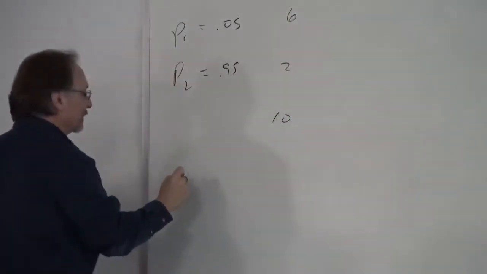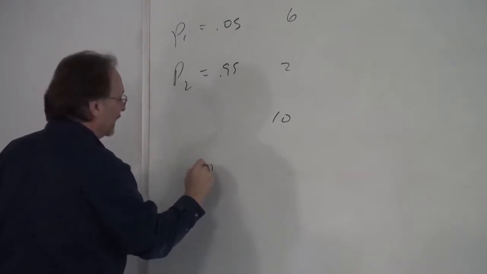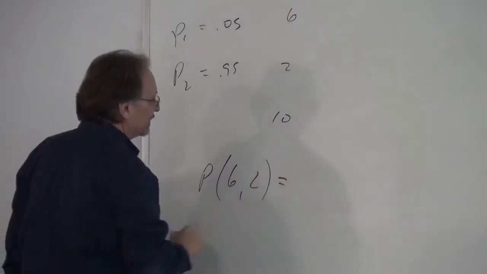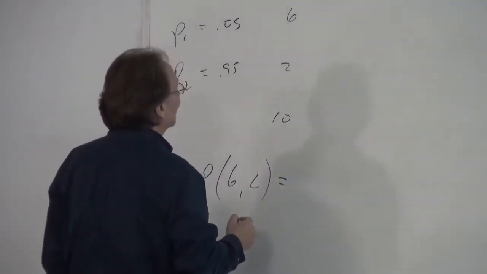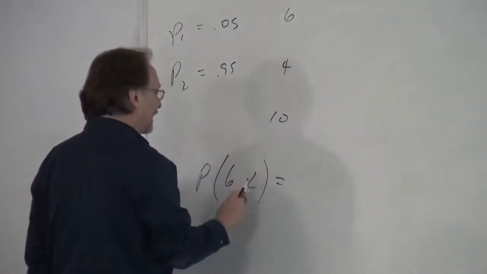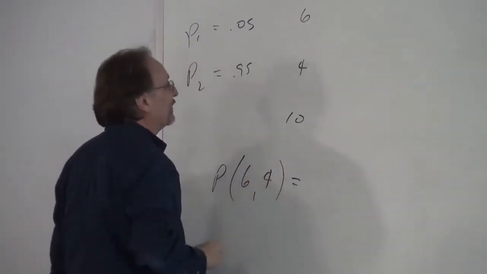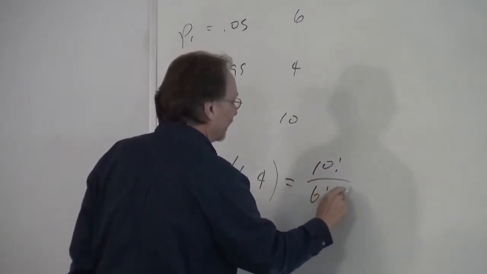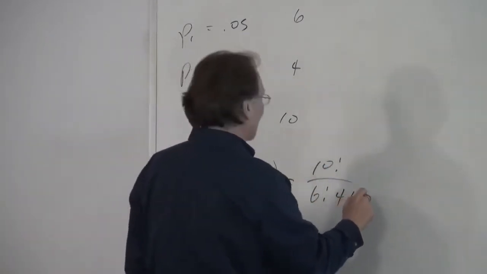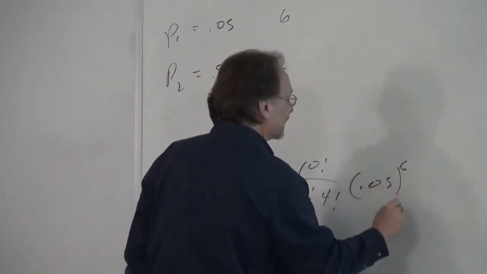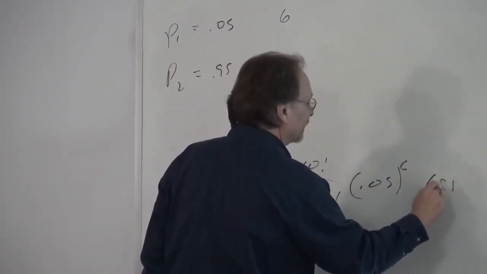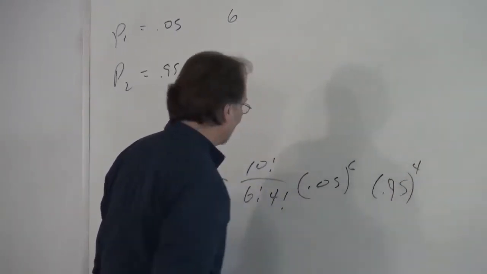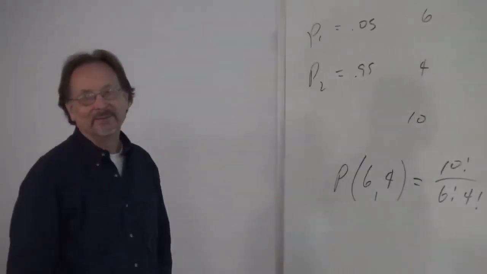Applying the multinomial, the probability of 6 and 2 is equal to, since those add up, sorry, I can add, just not very well, 10 factorial over 6 factorial, 4 factorial, times 0.05 to the 6th and 0.95 to the 4th, and that is the binomial.